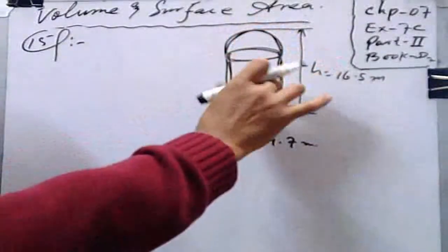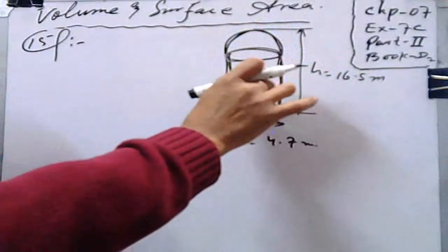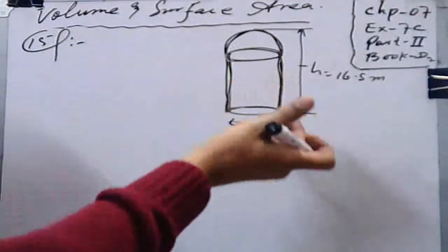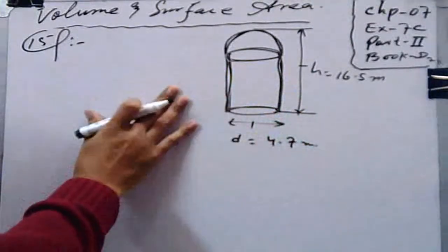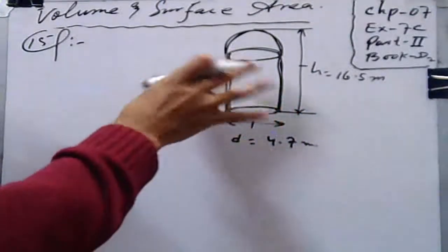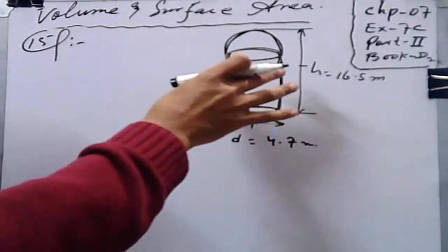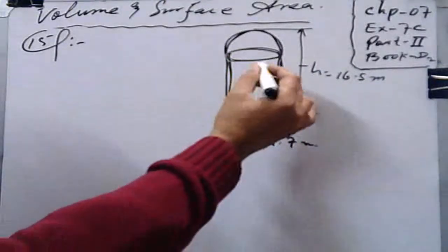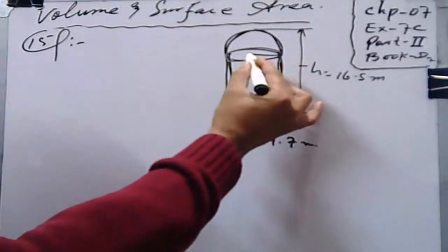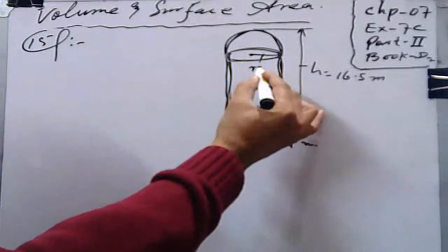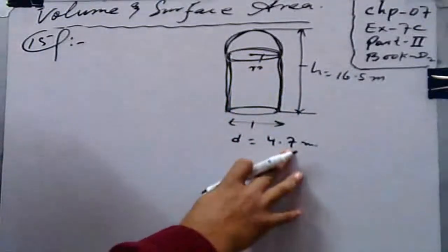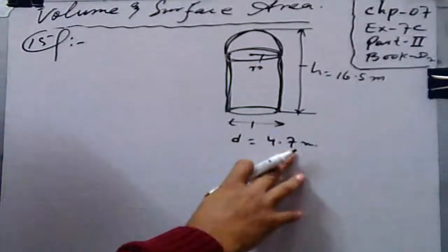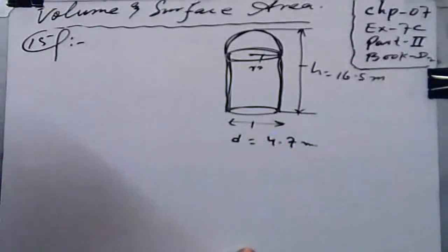The radius will be half, so r is equal to 4.7 divided by 2, which gives 2.35. So D is equal to 4.7, so r is equal to 2.35.